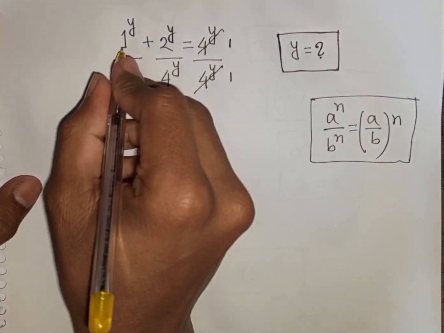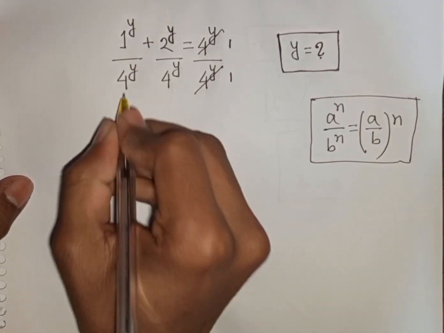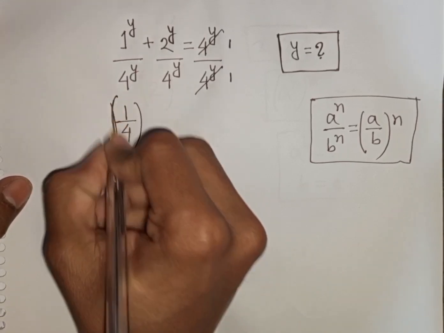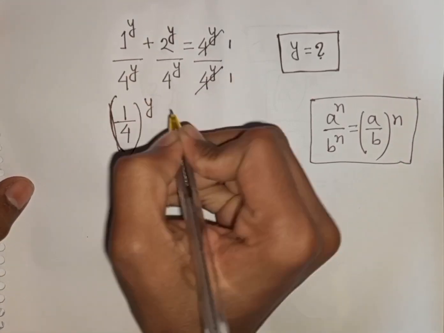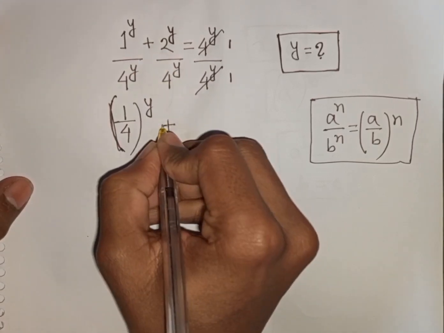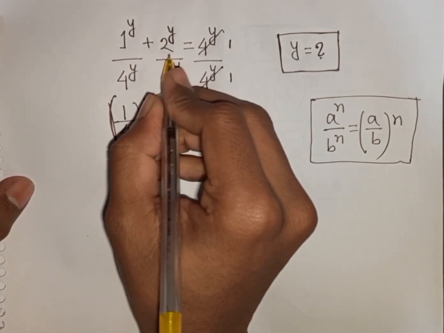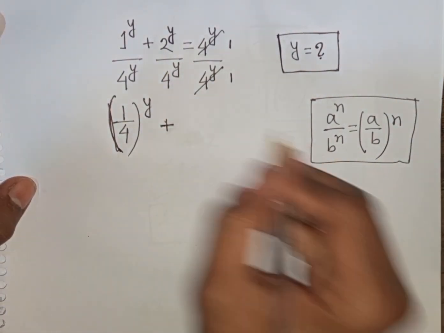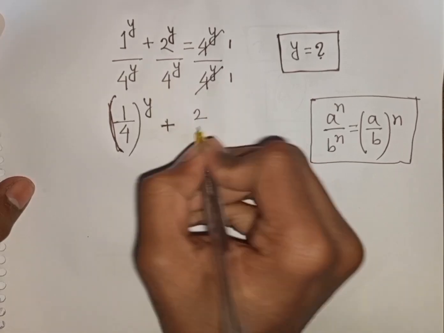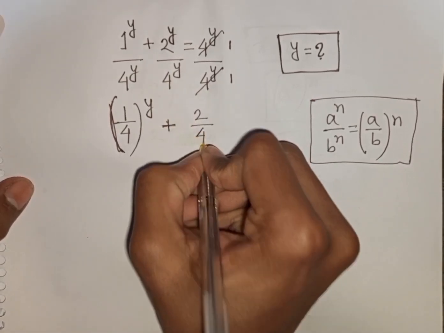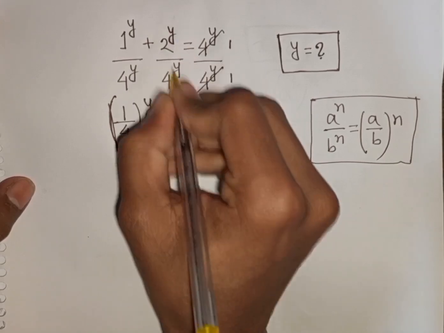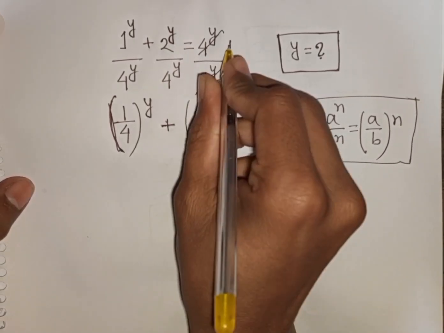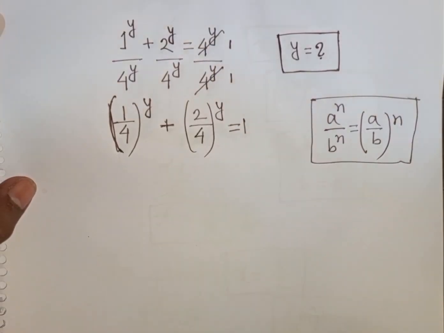So according to this formula you can write here (1/4)^y, then plus, here again y is the same power but different base, so I can write (2/4)^y, then is equal to 1 divided by 1, that means it will be 1.